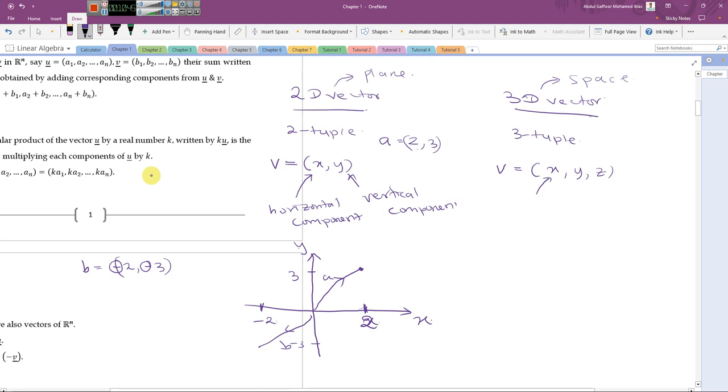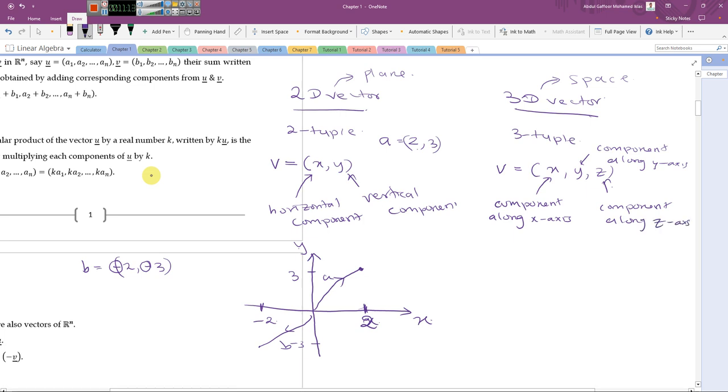X is the component along the x-axis, and y is component along y-axis, and z is component along z-axis, right?